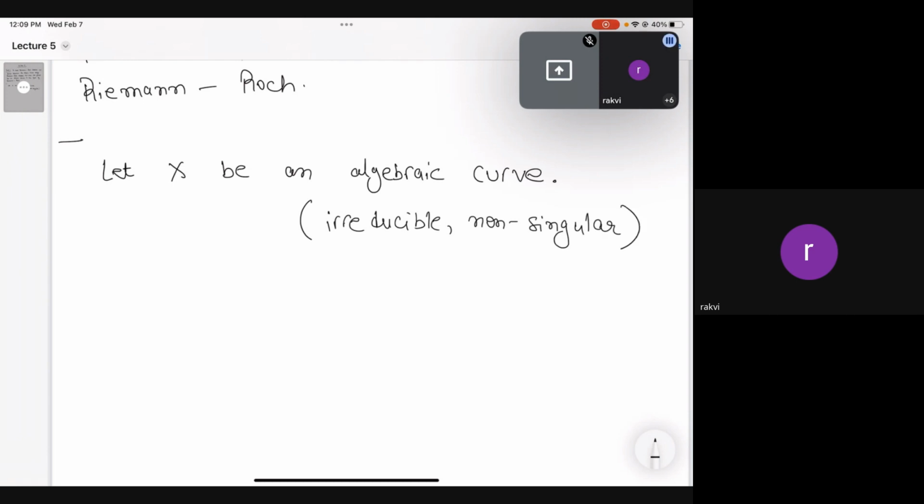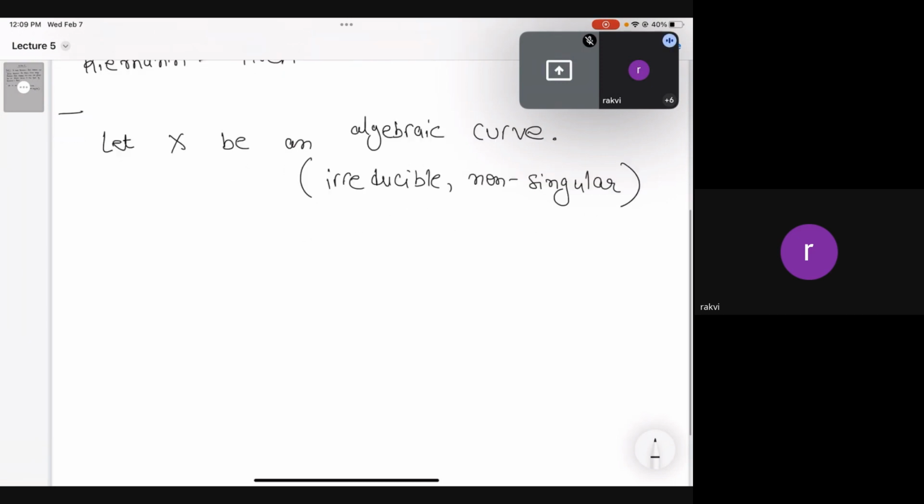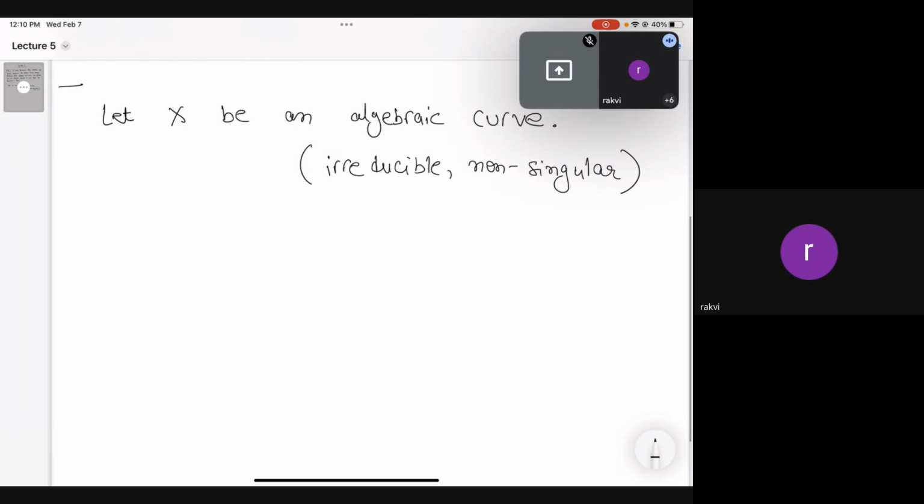What these mean essentially is that if you have an equation for your curve, non-singular means that none of the partial derivatives simultaneously vanish. And irreducible means that if you think of these curves as given by polynomials, then those polynomials don't factorize. But for a starting point, just think of an equation and its solutions, and think of those points as your algebraic curve.